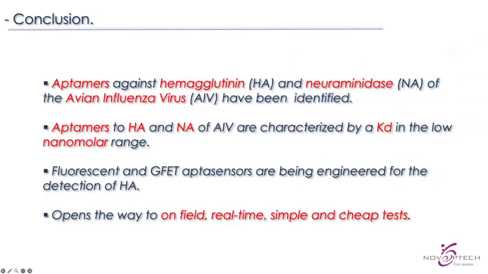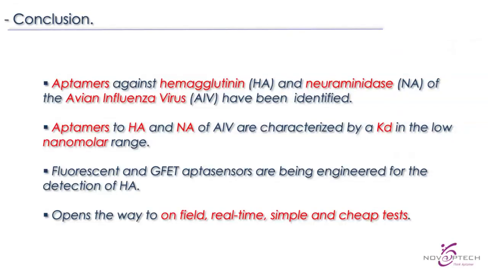In conclusion, what I showed you is that we were able to develop aptamers against hemagglutinin. I did not tell you anything about that, but we also have aptamers against neuraminidase. This is exactly the same situation.